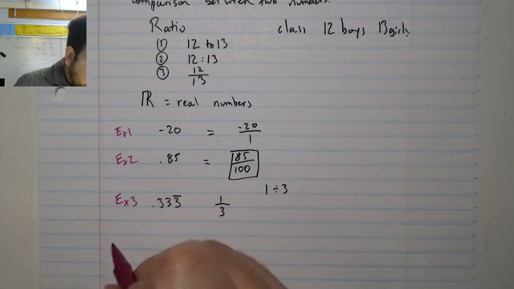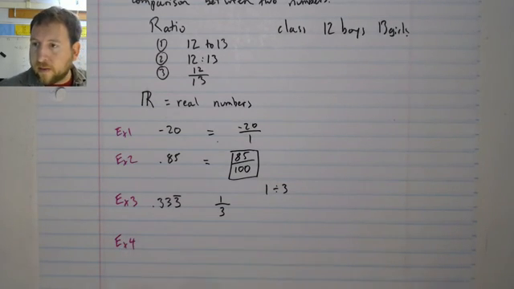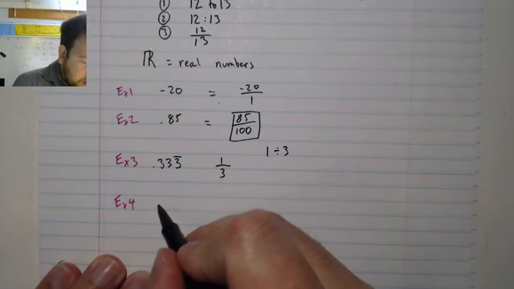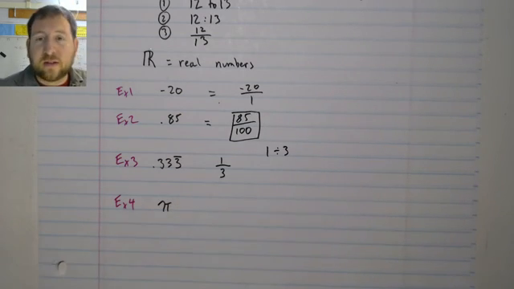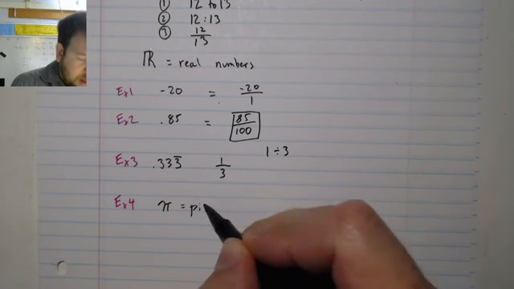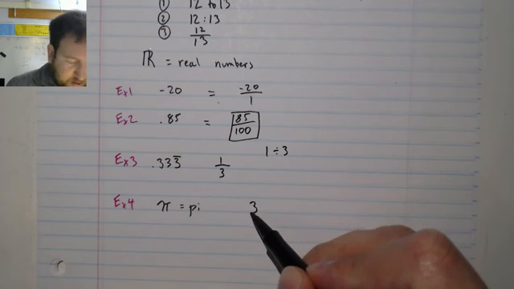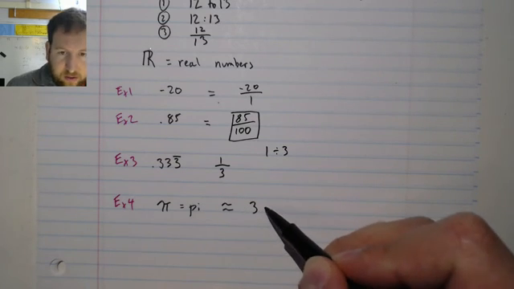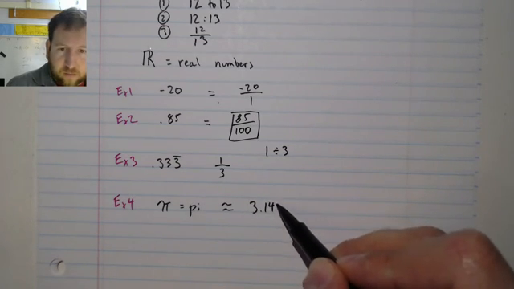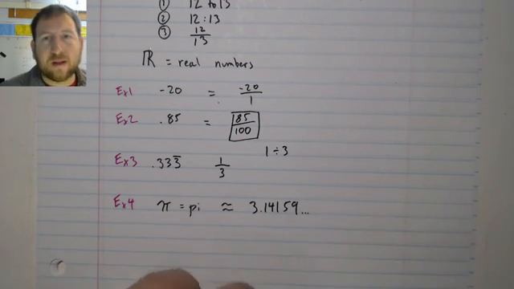Let's try one more. Example 4. Let's take this number. This number is pi, and we spell it like this. And pi is a number, and if I were to write some of its digits out, it's approximately equal to 3.14159, and it goes on forever.